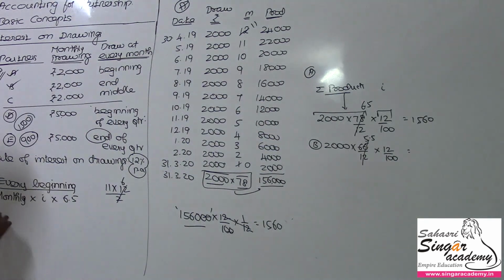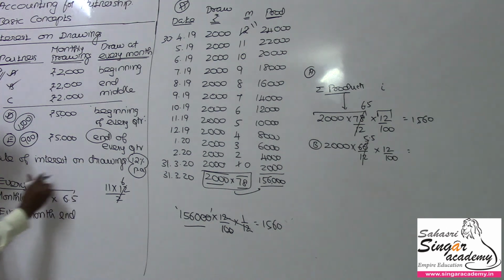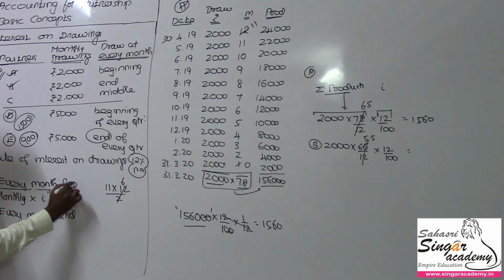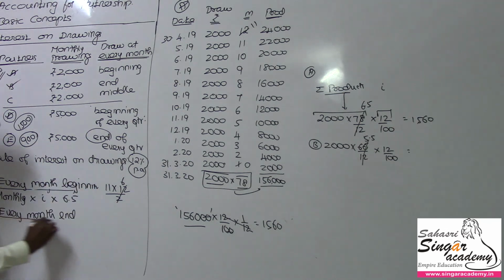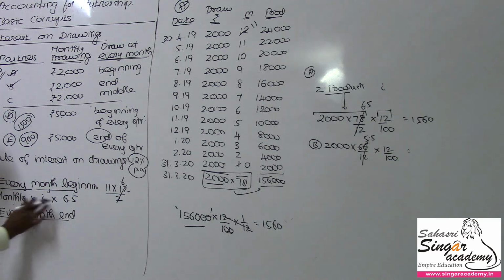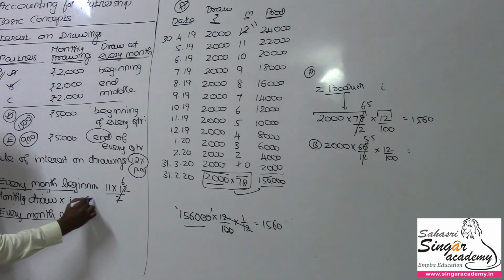So if you are drawing every month end, the formula is the same as for every month beginning. The answer will be the monthly drawings multiplied with the rate of interest, into the static number 5.5.